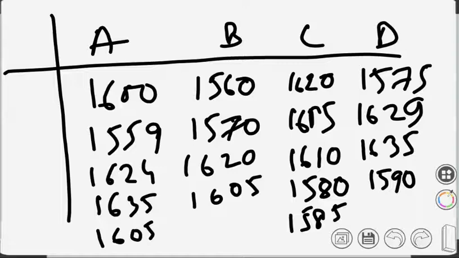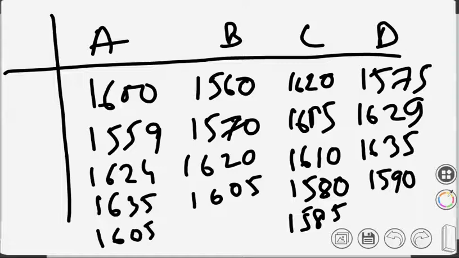Then, as you can see, there is a variance. Although all of them are A tires, there is a variance: 1659, 1600, 1559. For B also, although all of them are B tires, there is also a variance. And the life of the tires apparently looks like their values are different.